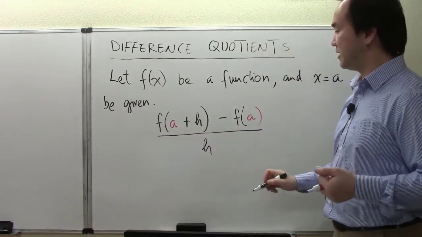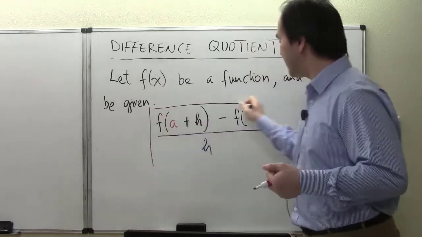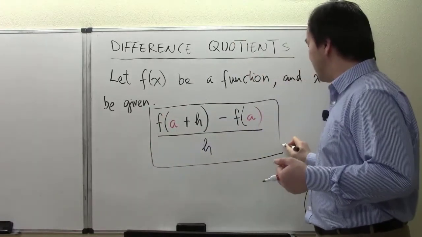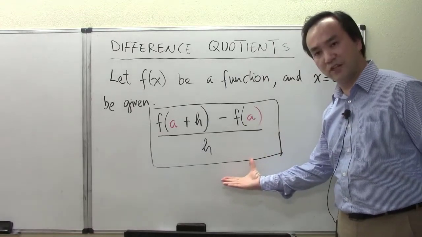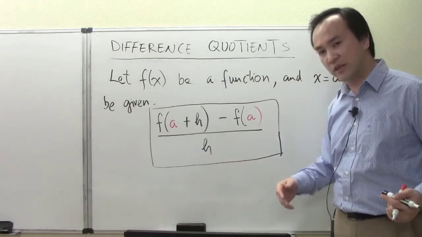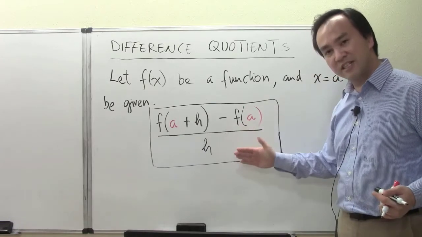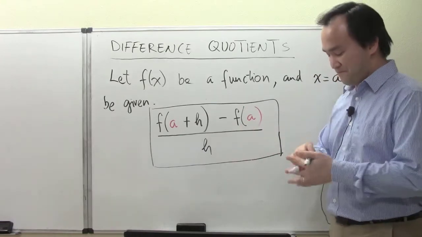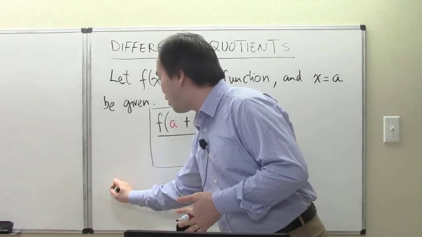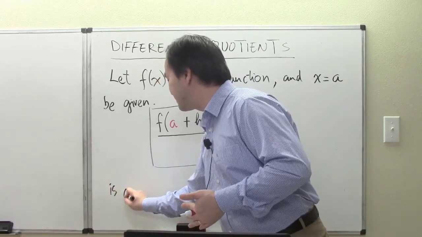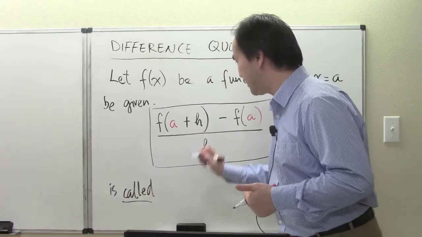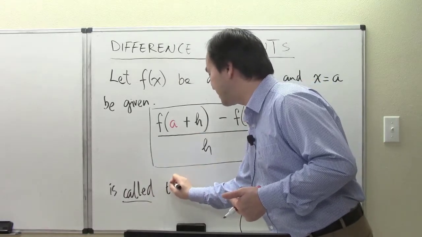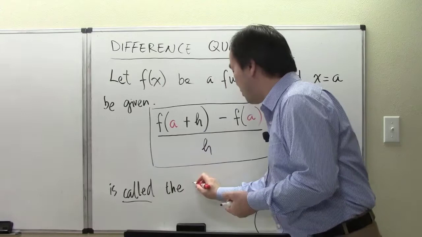Simply, it's a setup. If I was teaching an algebra course, I couldn't do any better than just introducing this as a setup, and any other instructor would do the same thing. This setup here is called the difference quotient.